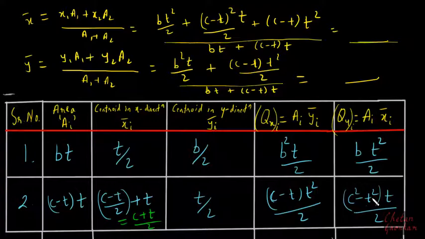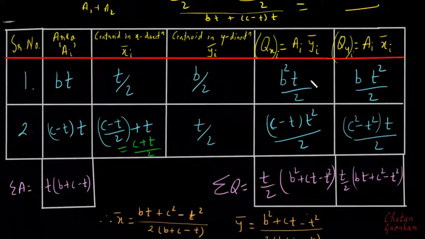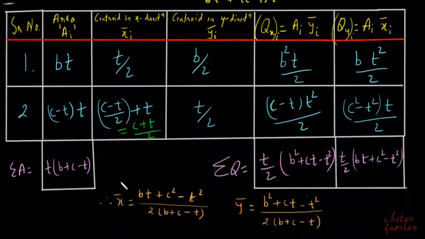And further, if I add them up, I get the summation of q as follows. If I add this term with this term, I'll get this term. If I add this term with this term, I'll get this term. And this is of course the summation of these areas. Finally we said that x bar is summation of ai xi bar divided by summation of a.